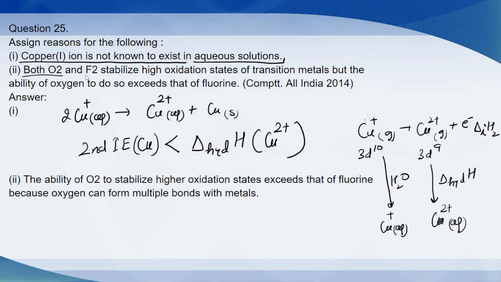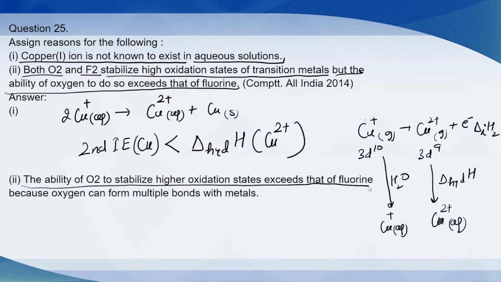Next question, both O2 and F2 stabilize high oxidation states of transition metals, but the ability of oxygen to do so exceeds that of fluorine. It is due to the ability of oxygen to form multiple bonds. The ability of oxygen to stabilize higher oxidation states exceeds that of fluorine because oxygen can form multiple bonds with the metal.